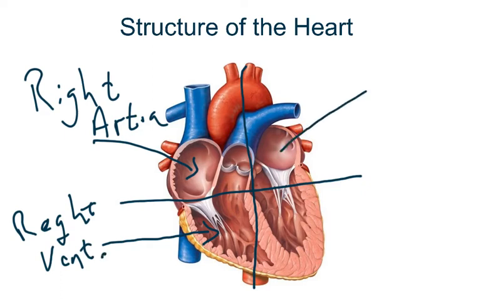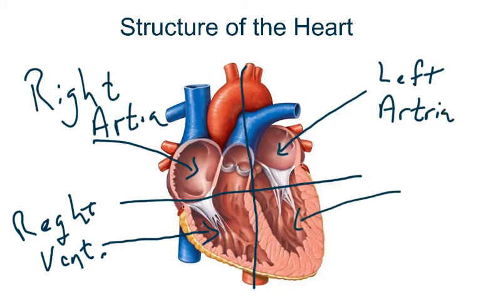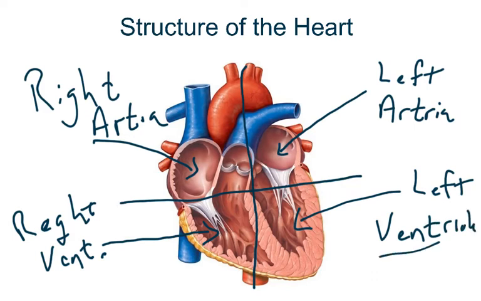The third chamber is called the left atria. And the fourth chamber is called the left ventricle. This is important because it allows us to understand the functionality of the heart.